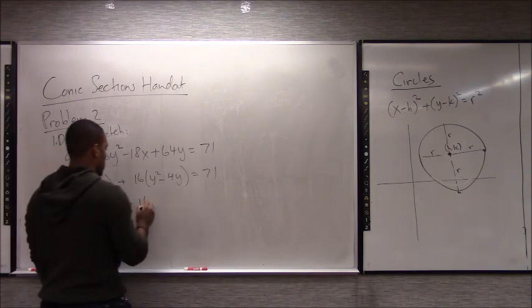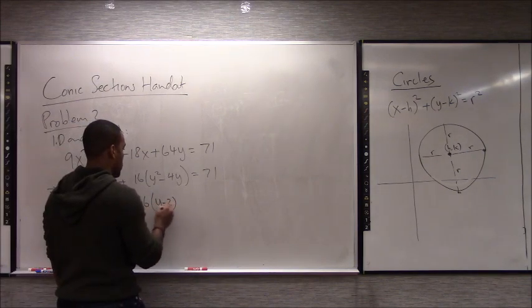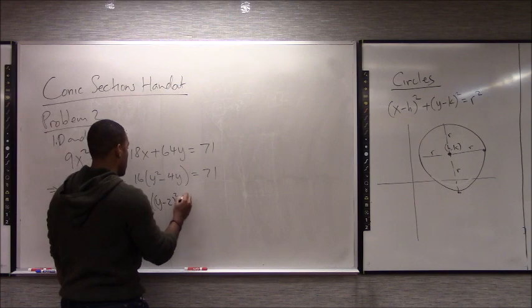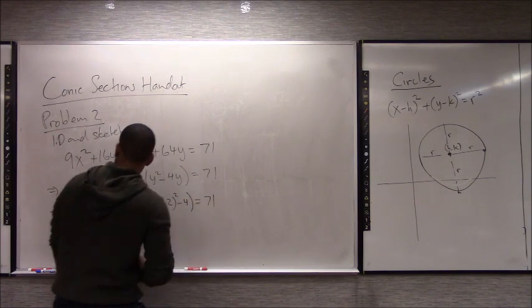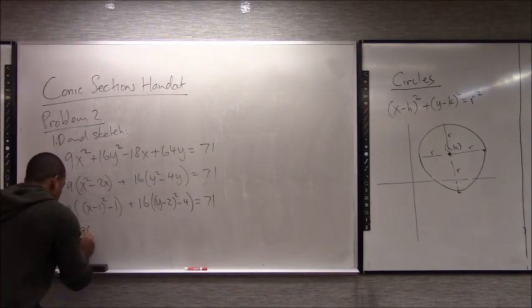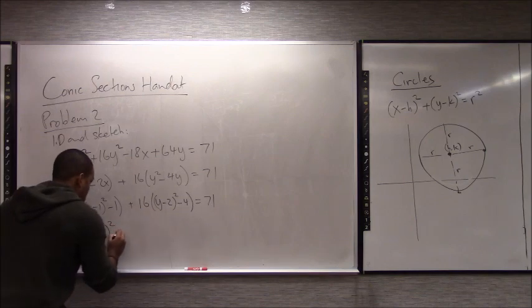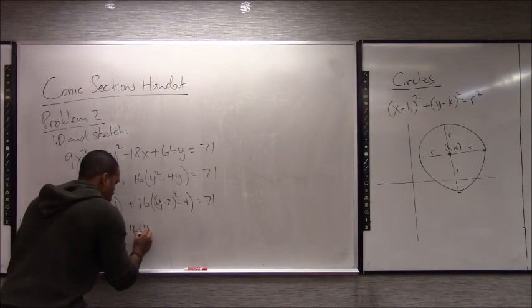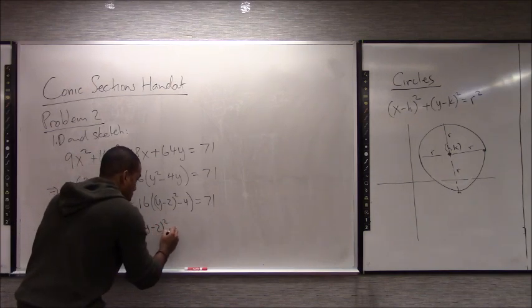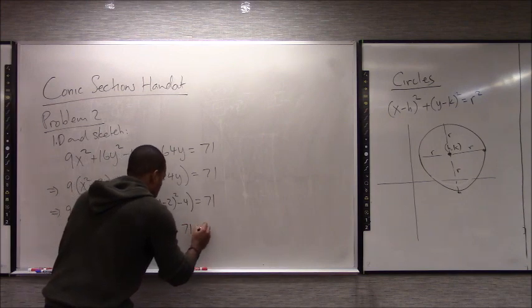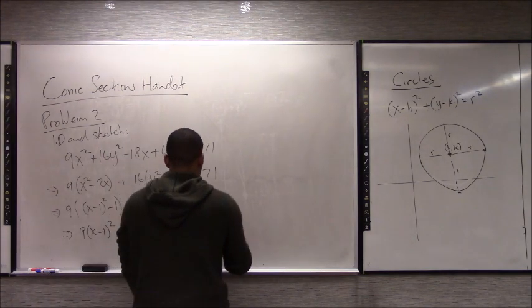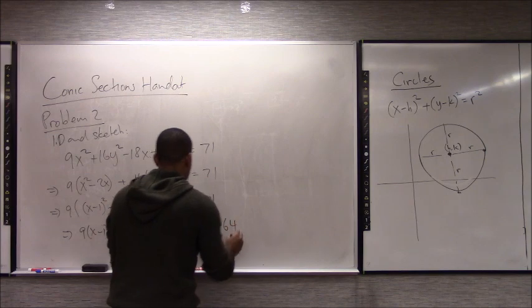Let me just write it out so that we're not forgetting. So this is going to be 9 times x minus 1 squared plus 16 times y plus 2 squared equals 71 plus 9 plus 64.